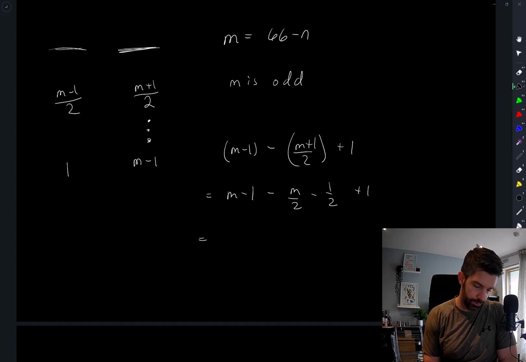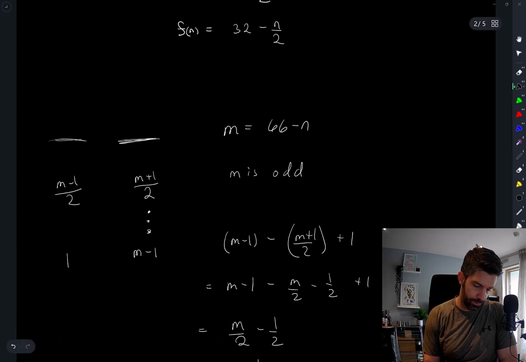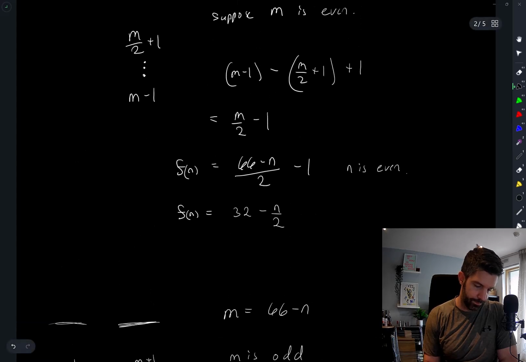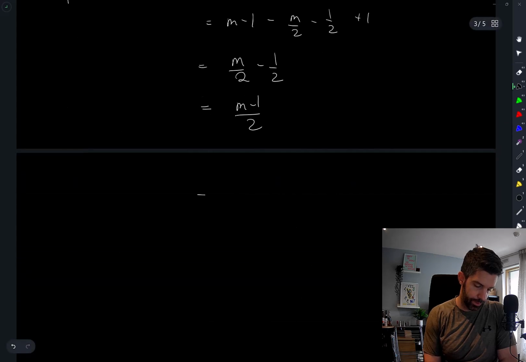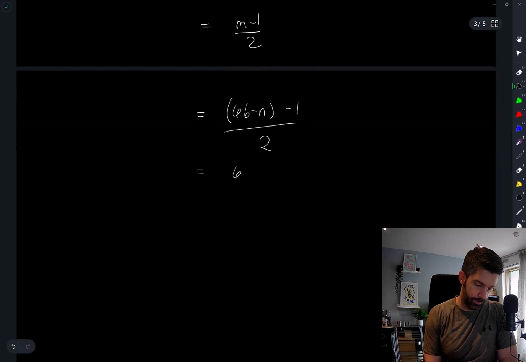So this is m over 2 minus 1 over 2, m minus 1 over 2. And that's 66 minus n minus 1 divided by 2. So 65 minus n over 2. This is f of n when n is odd.